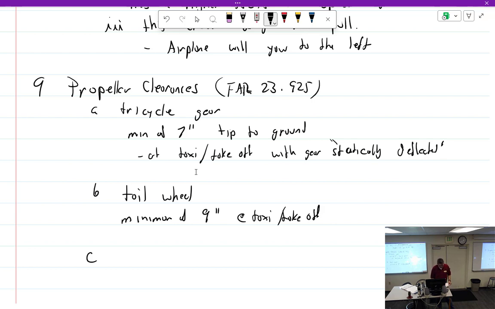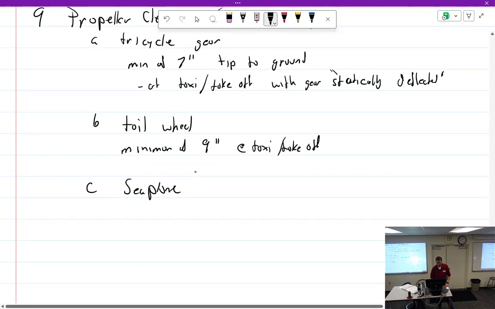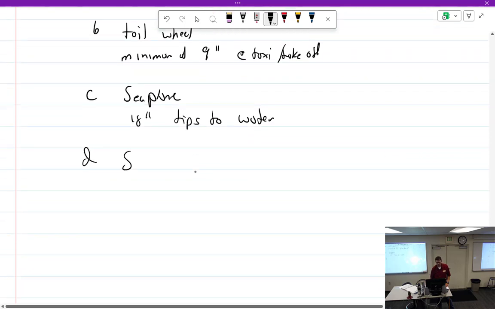A, B, C, oh, that's why. Seaplane was 18 inches, tips to water. Structural.